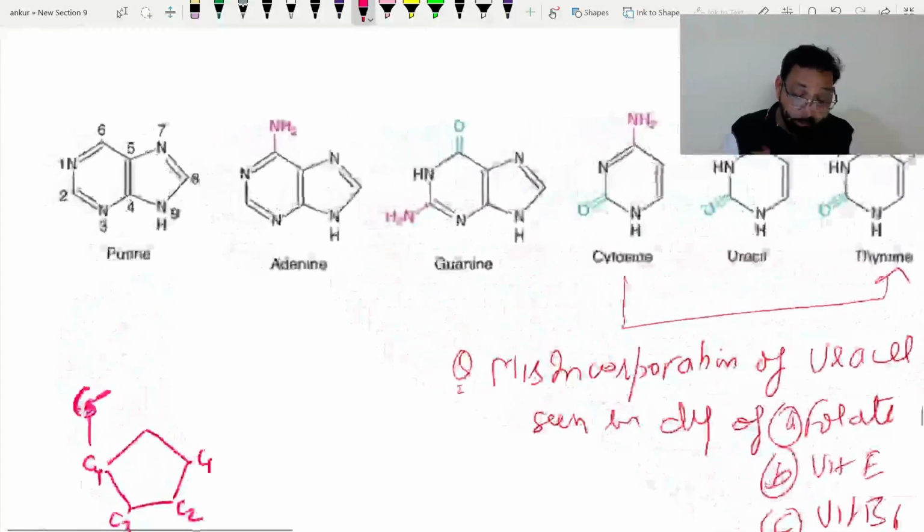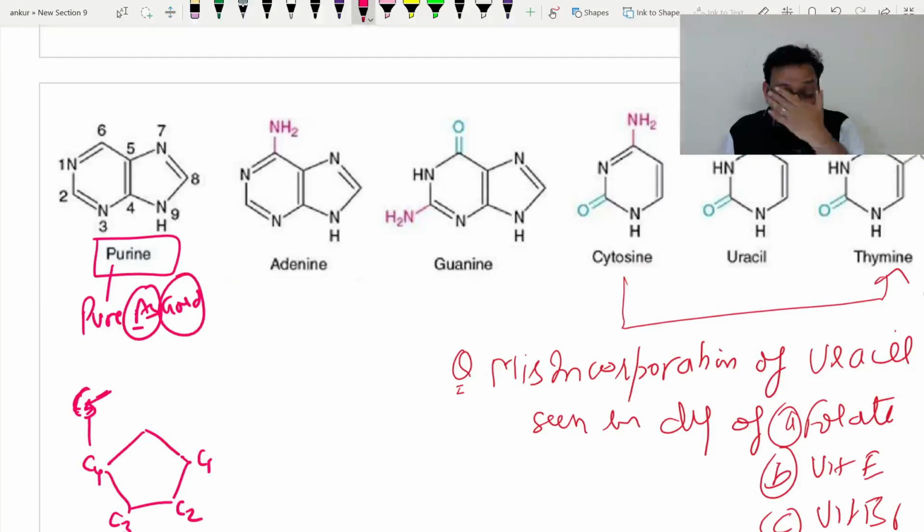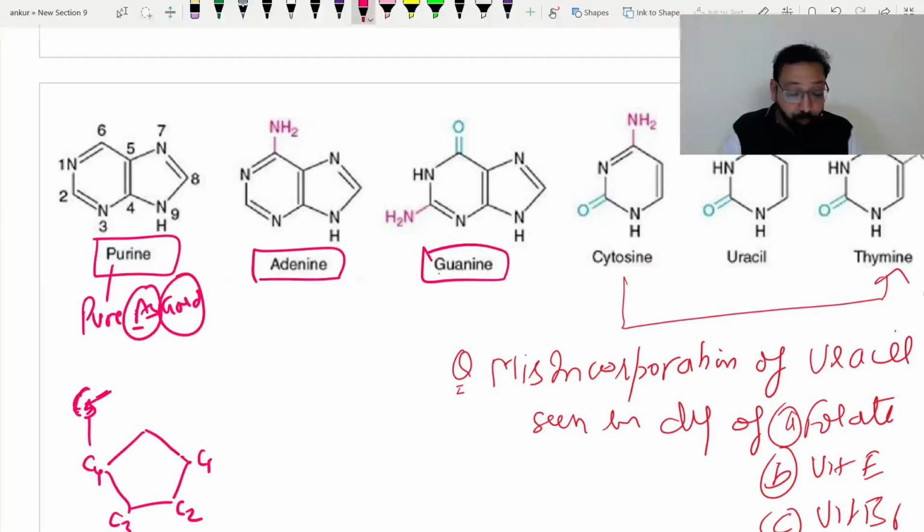I know it's difficult, but you all know pure as gold, pure purine, pure as gold. Purine bases are adenine and guanine. Purine bases are having two rings. How many rings are there?